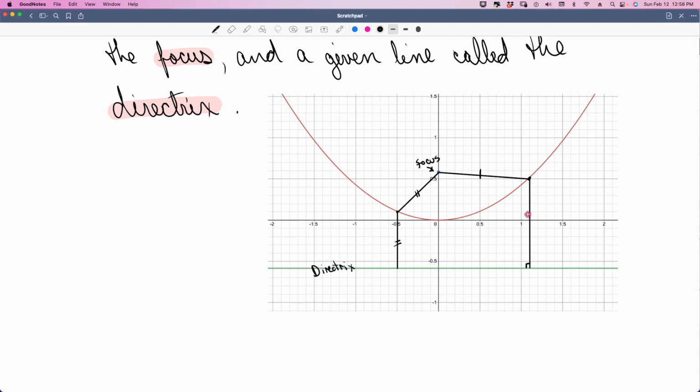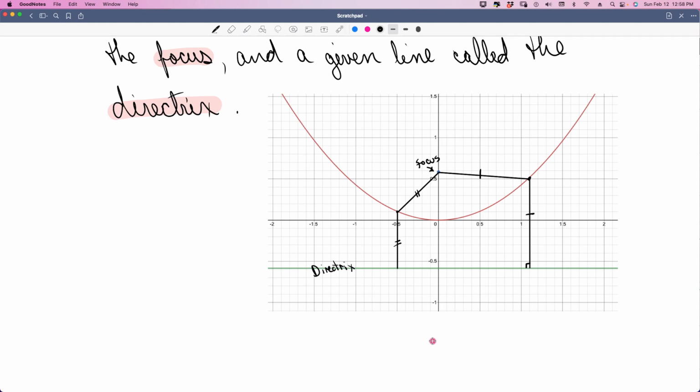So the distance here is the same as the distance here, and the distance to here is the same as the distance to here. That is the relationship between the directrix and the focus. And as the distance between the directrix and the parabola increases, so does the length from the parabola to the focus. They are always going to be the same distance and congruent.